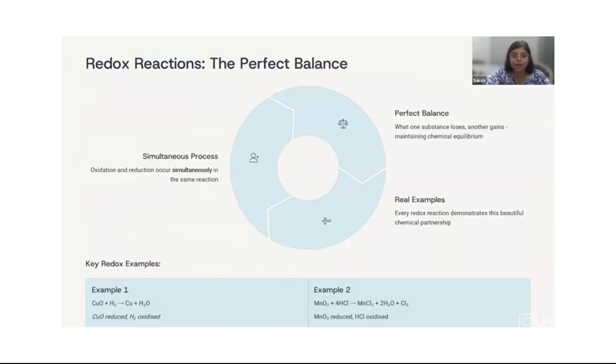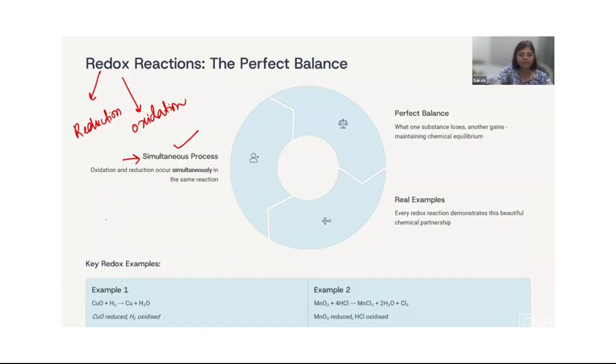Now, what are redox reactions? As you can see by the word itself, redox means reduction and oxidation, both occurring simultaneously. When both happen simultaneously, we call it a redox reaction, and there is a perfect balance. One substance loses oxygen, the other substance gains oxygen.